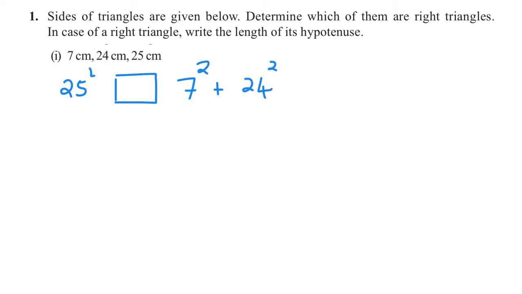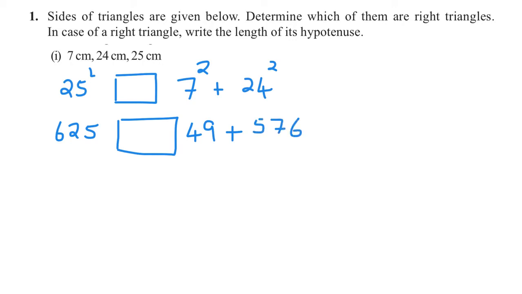How much is 25 squared? It's 625. Okay. How much is 7 squared? 49. And how much is 24 squared? 576. Add them both: 625. So they are equal.